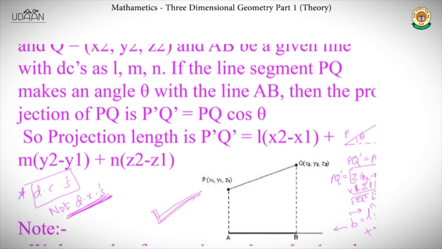So this term gets cancelled out with this, and as summation L square is 1, this would give this formula directly. This is an important formula we need to remember.